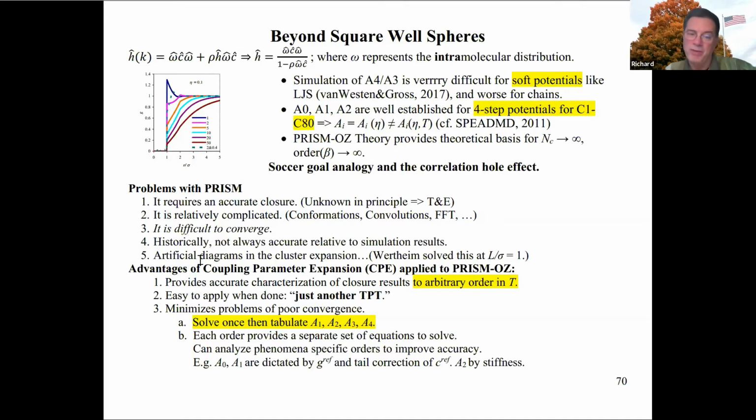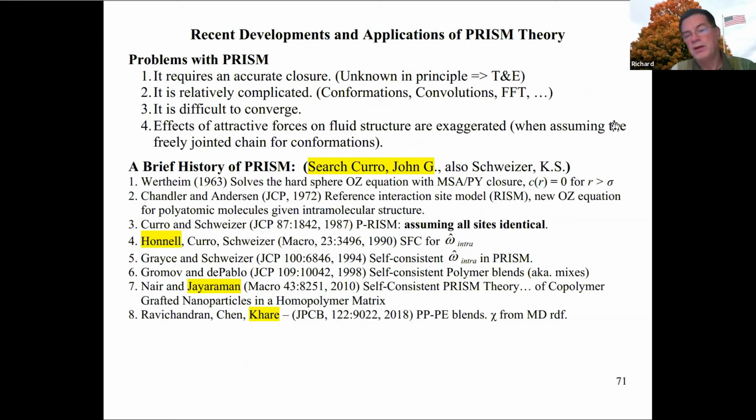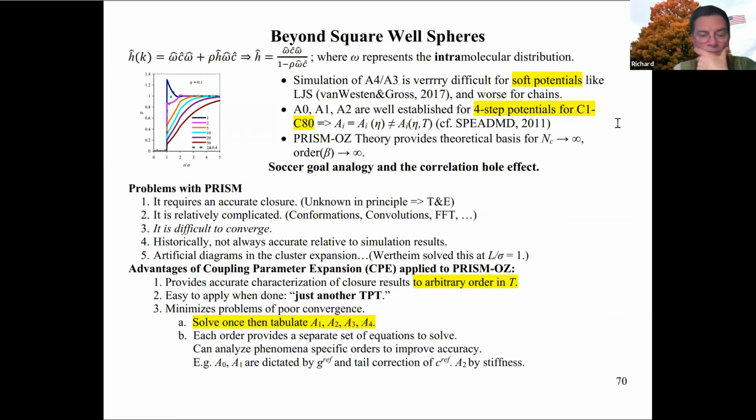And you ignore a bunch of cluster diagrams that are real, and you hope that they cancel out. So that's kind of inside baseball. That may be too much detail, but I will mention, because everybody loves Wertheim, including me, it's more than everybody, that Wertheim actually did solve this problem. If you read the fine print on the papers that he wrote in the Journal of Statistical Physics, there's an integral equation theory in there. It solves this problem, but only for the tangent sphere problem.